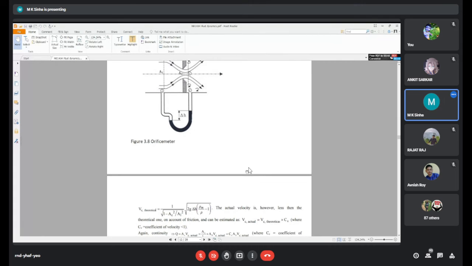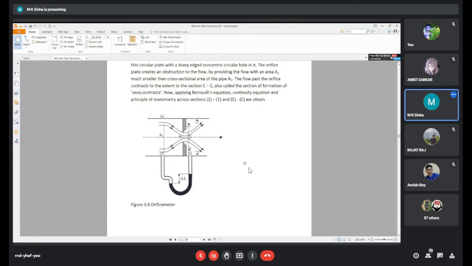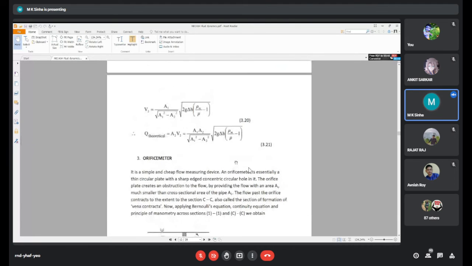So see the previous equations. V2 is written as A1 by root under A1 square minus A2 square.